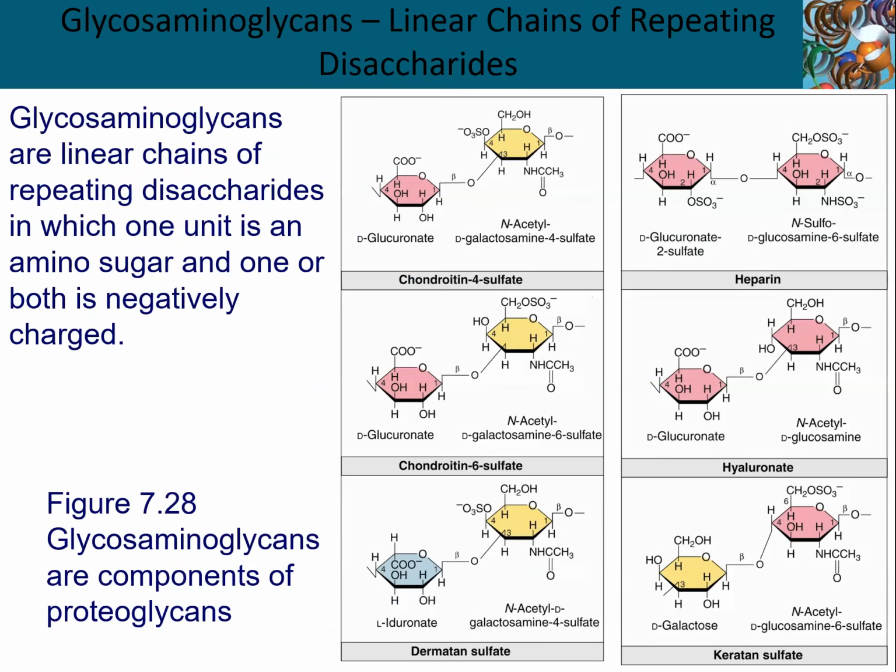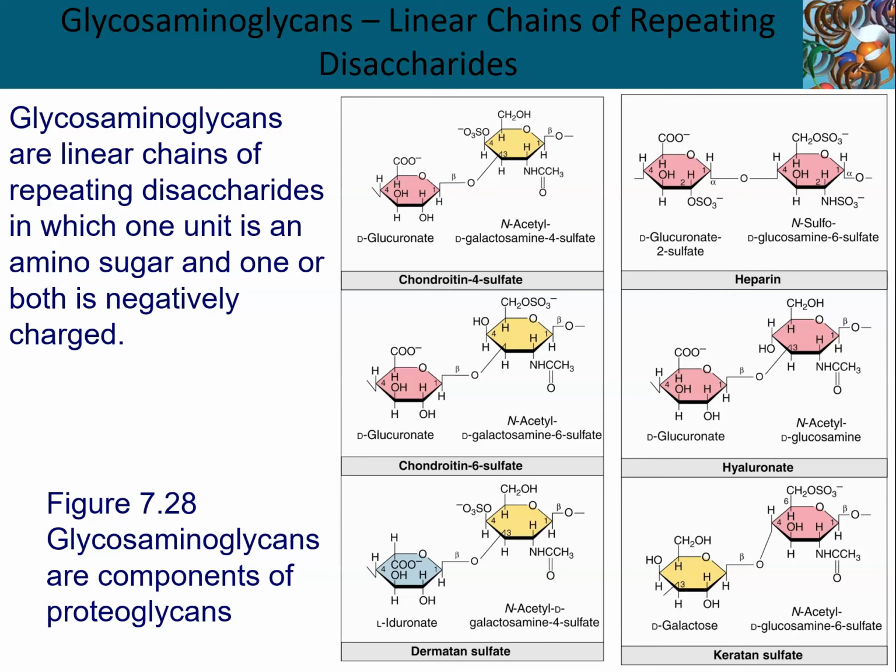Here we go, glycosaminoglycans. Glycosaminoglycans are linear chains of repeating disaccharides where one unit is an amino sugar and the other, and one or both, are negatively charged. And so these would be highly charged polymeric compounds. And a few of these you may recognize. We've already talked about heparin a little bit. There's also chondroitin.